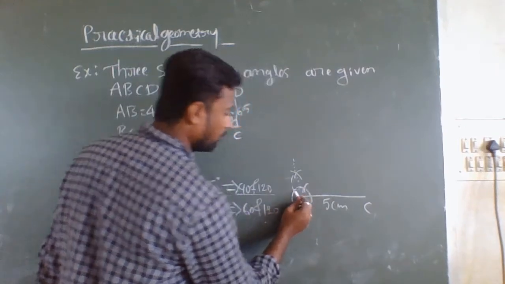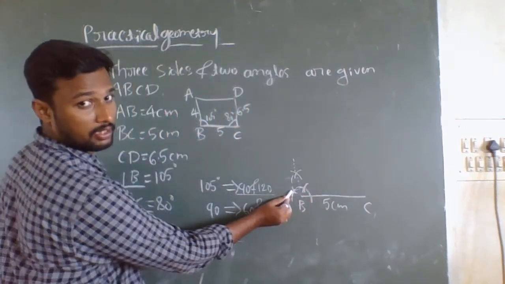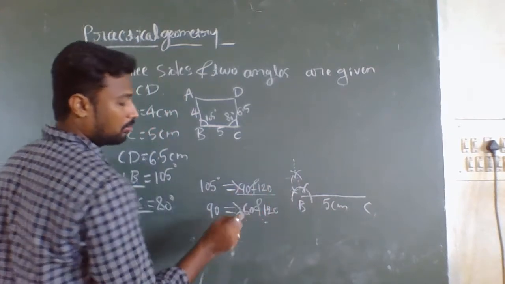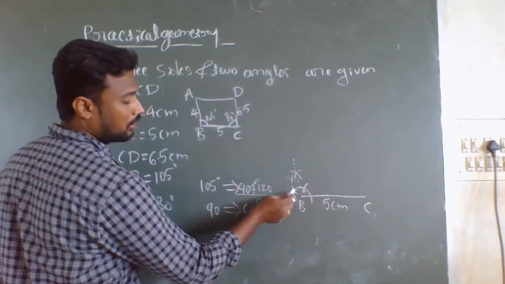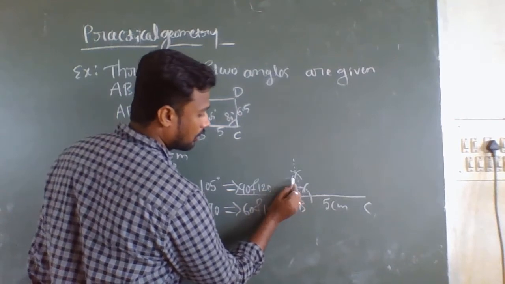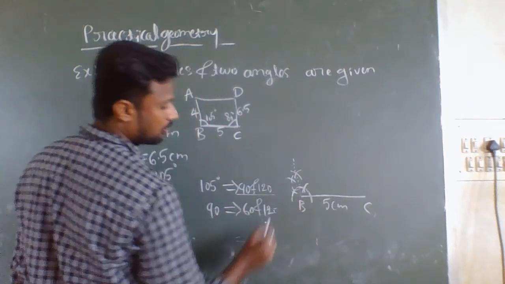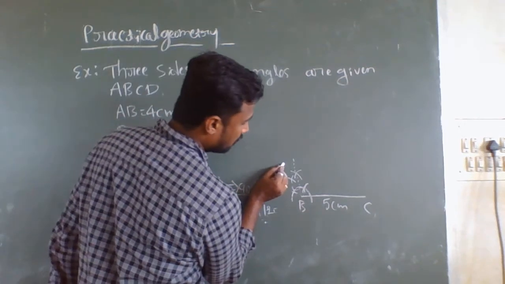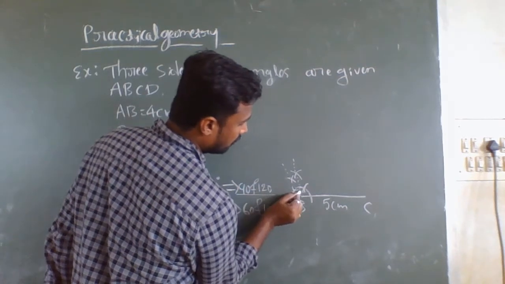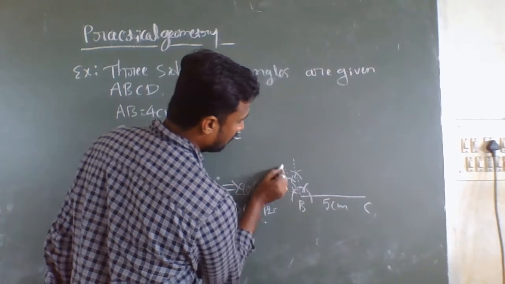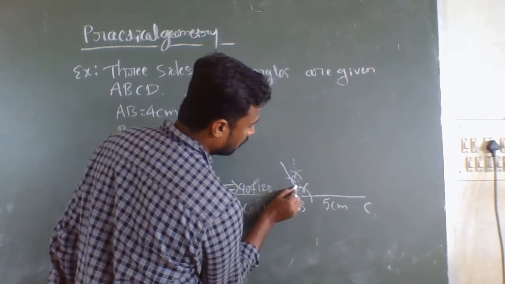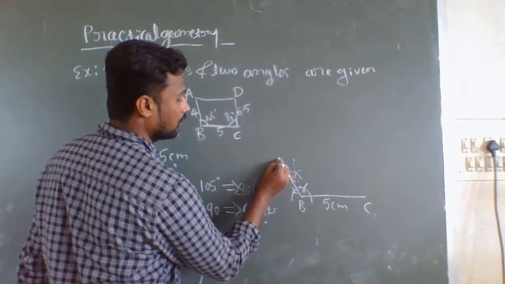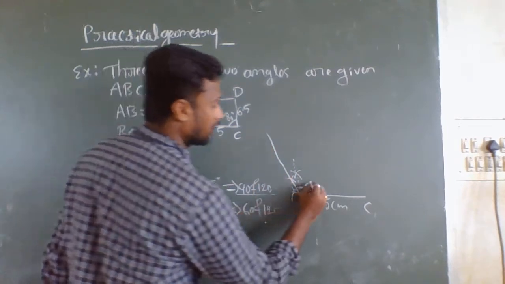Definitely it will come between 120 degree and 90 degree. Again from 120 degree draw an arc by keeping the same distance. Now if you join this intersection to point B, you get 105 degree.